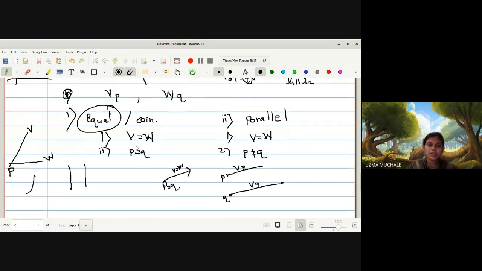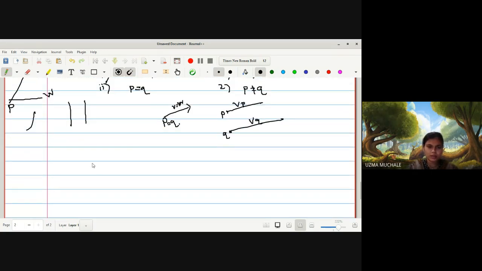Okay. The next thing I will ask you, the third point related to this. First we have seen equal or coinciding, then parallel, and the next one is intersecting. How will intersecting tangent vectors look?